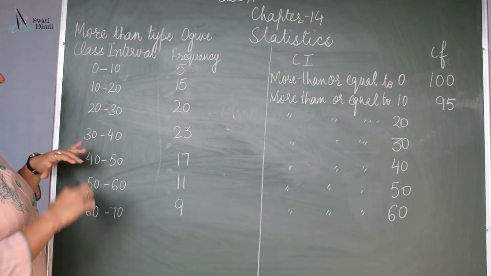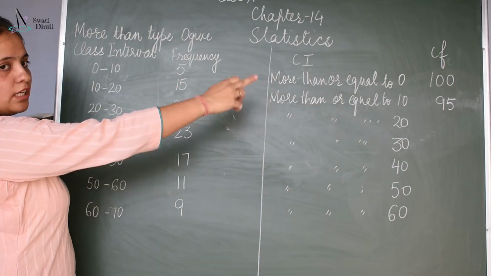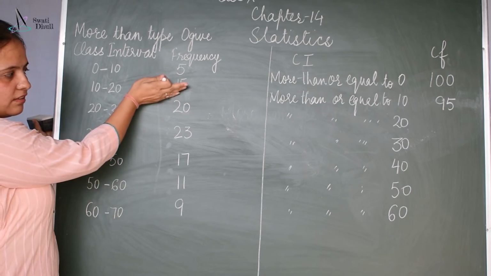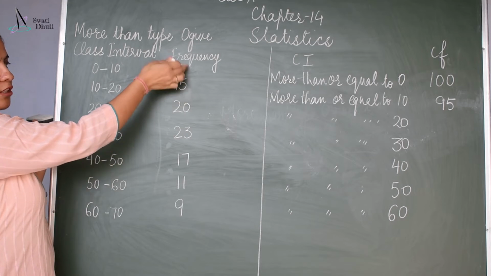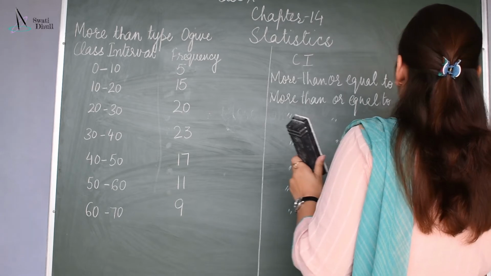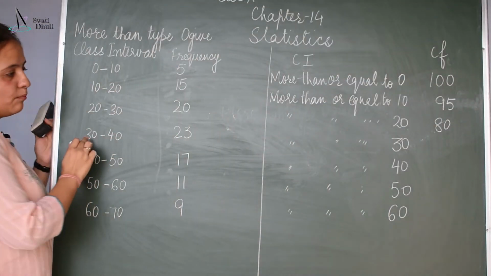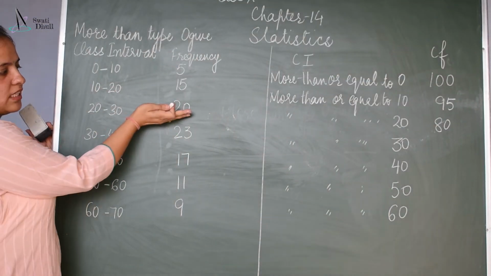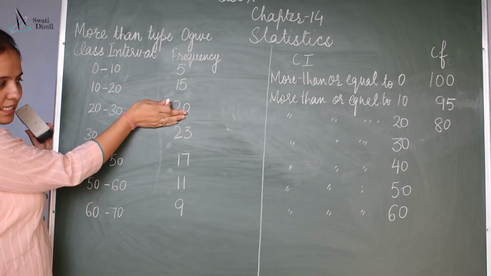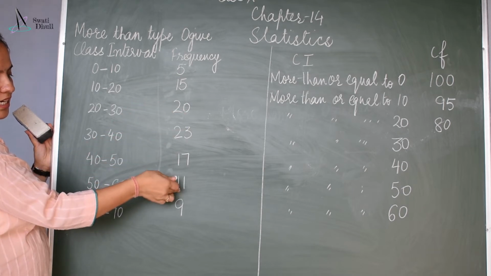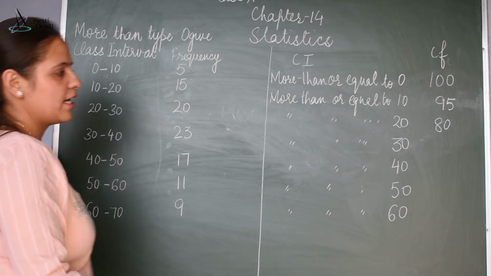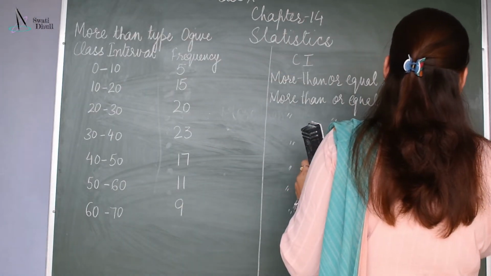Now see the next one, more than or equal to 20. So your interval starts from here. So we will take the values from here. So we will subtract 20 out of 100. What I will get here is 80. Now more than or equal to 30. So these three class intervals will be eliminated. So you will be left with these intervals 23, 17, 11 and 9, and the total is 60. Actually 100 minus 40 is 60.